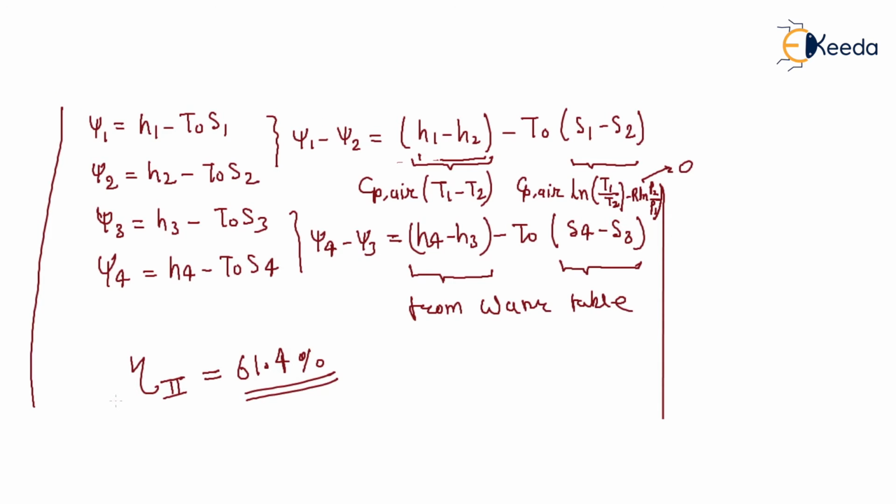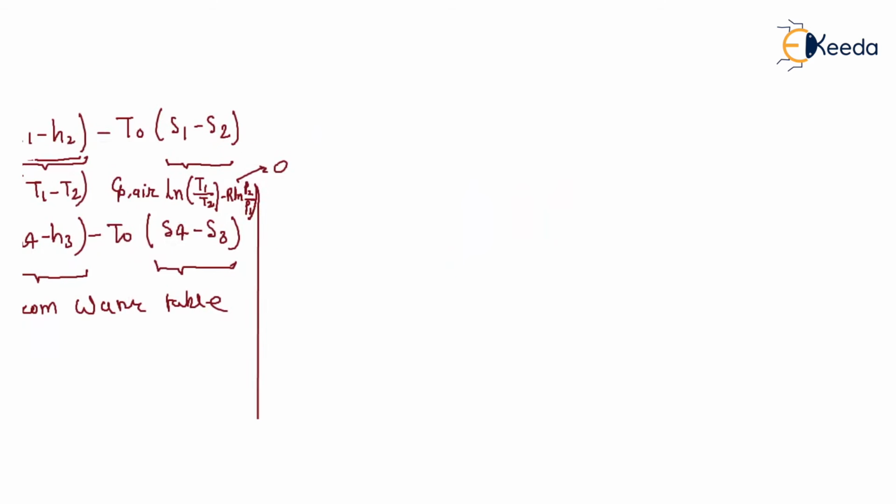Similarly, if you have a mixing chamber, there is the same formula. You have a turbine, same. You have a compressor, same formula used. So there must be a note point here. If you have a turbine, second law efficiency for a turbine, what is that?